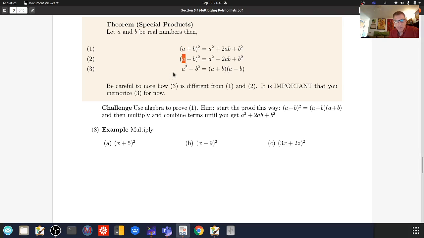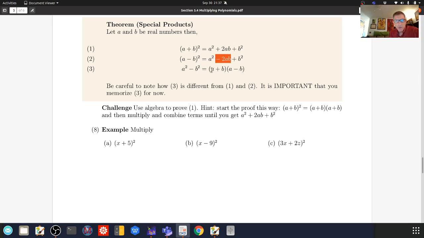My first term is a squared. My last term is b squared. Then my middle term is a times minus b, which is minus ab, and I multiply it by 2 to get minus 2ab. A squared minus b squared is simply a plus b times a minus b.